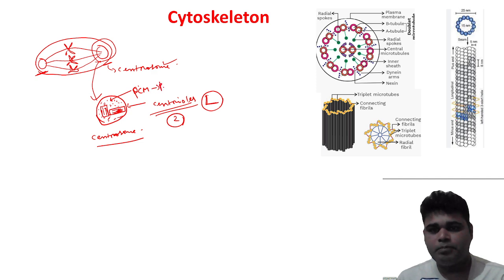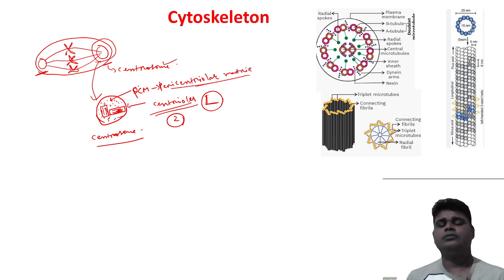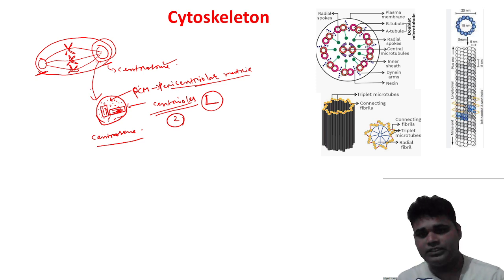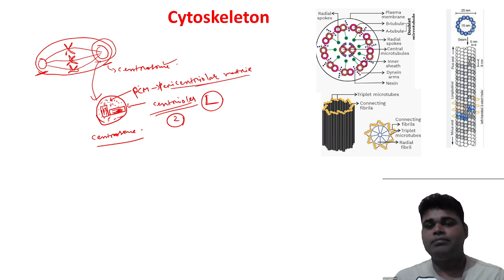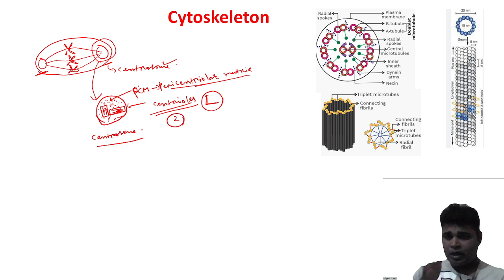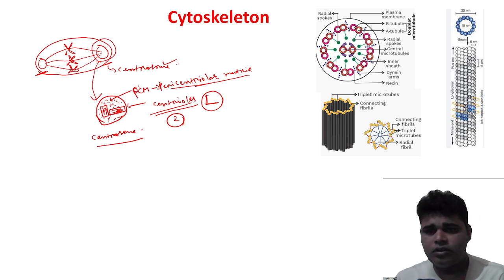PCM means pericentriolar matrix. Just imagine it like the cytoplasm. So inside the centrosome, two centrioles are present, perpendicular to each other, and the PCM, or pericentriolar matrix, is present. Now if we look at the centriole structure, let us suppose this is one centriole.